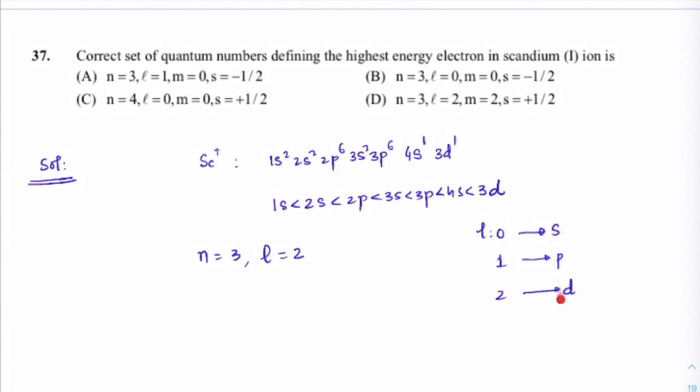So n is equal to 3, l is equal to 2 will have the highest energy. Now that single electron which you have could be in any of the m orbitals, so that would vary from -2 to +2. That would be the magnetic quantum number. So if you see the options, only this one is the right match which we can find.